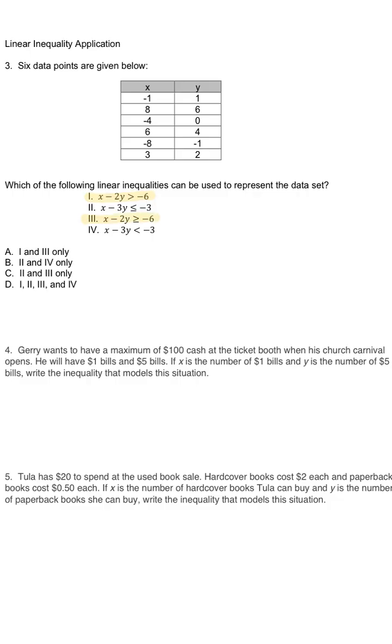This one says x minus 2y is greater than or equal to negative 6. Now let's look at number 2. It says x minus 3y is less than or equal to negative 3. And then number 4 says x minus 3y is less than negative 3.